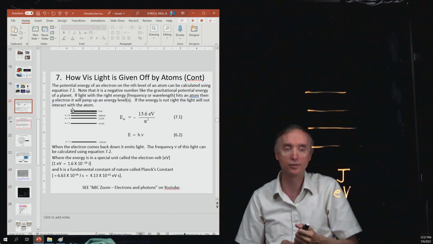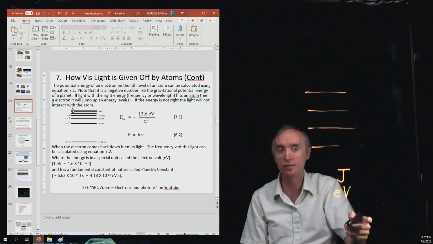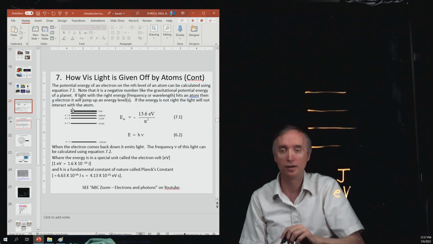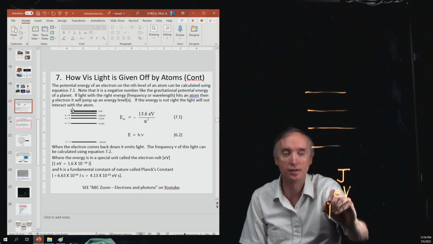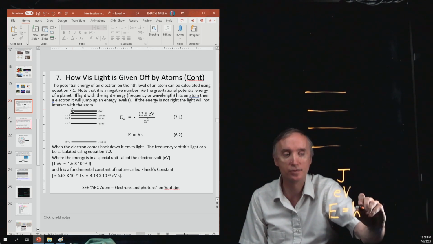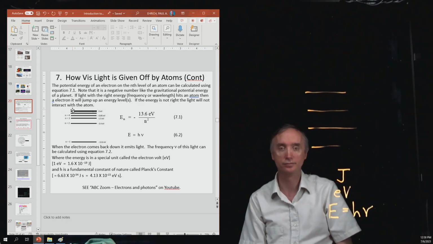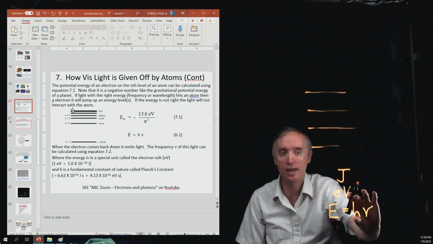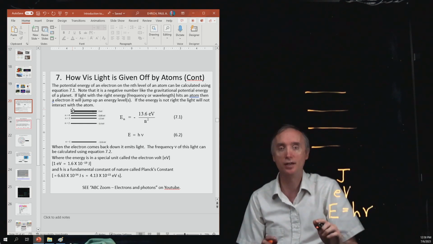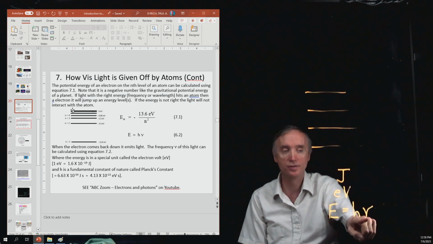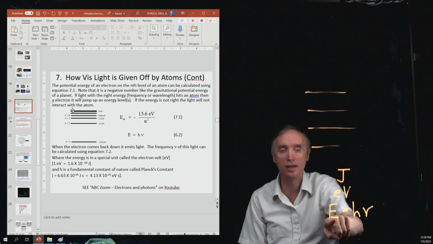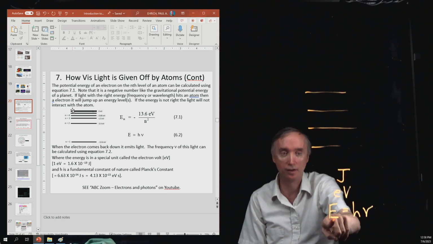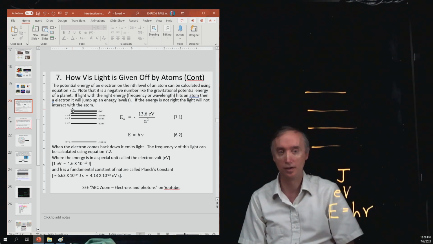Now the one that's underneath it is very important. The formula underneath it you should already recognize from a previous lecture: the energy of light is going to be equal to some constant times the frequency of that light. We don't care about the h. All I want you to see is that the frequency of light determines the energy of the light, or the energy of the light determines the frequency of the light.